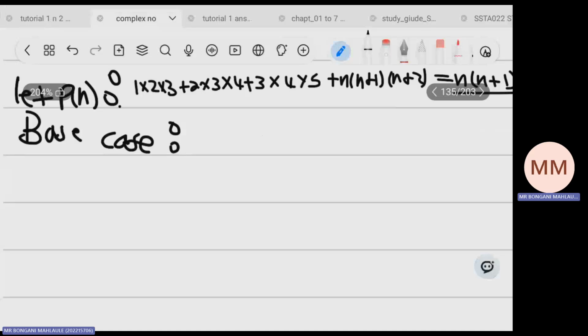So 1 times 2 times 3 is 6. This equals n plus 1, n plus 2, n plus 3 all over 4. Then for n equal to 1, you'll have 2, then this will be 3, 4, all over 4, and this is just 6. So you can clearly see that the left hand side is equal to the right hand side.